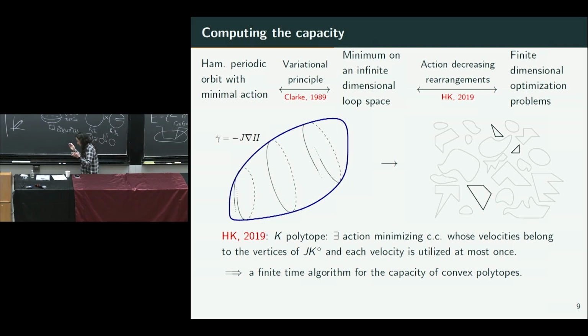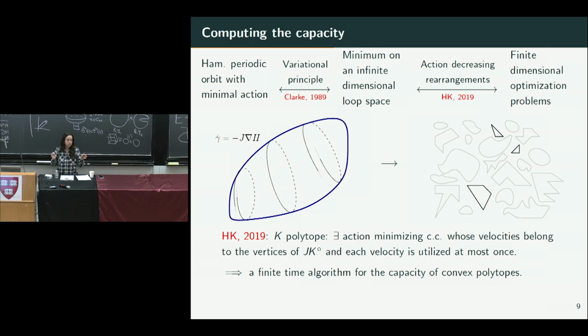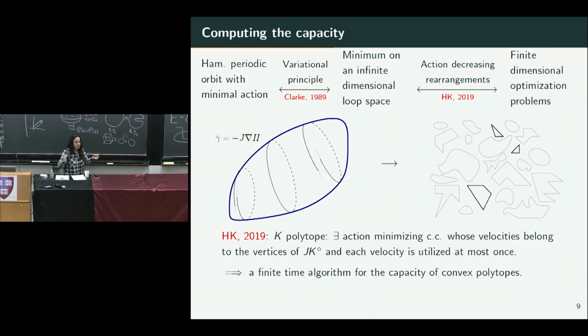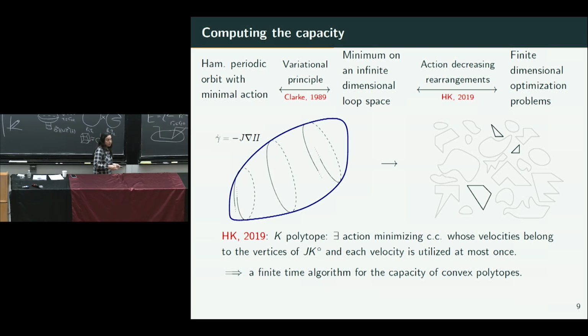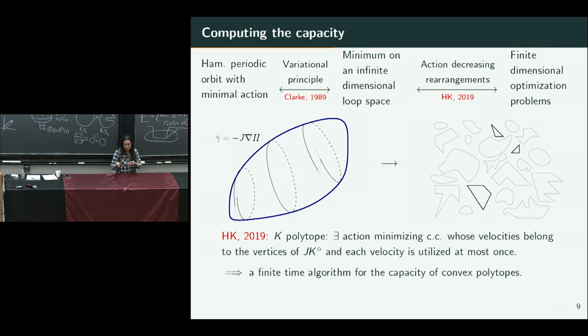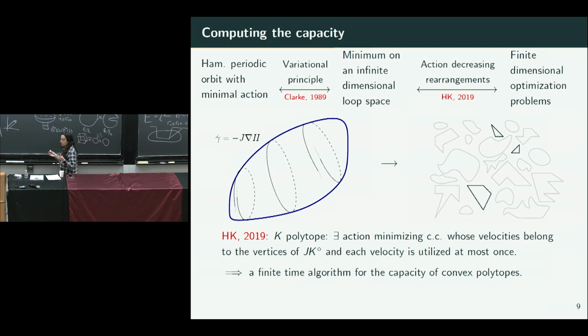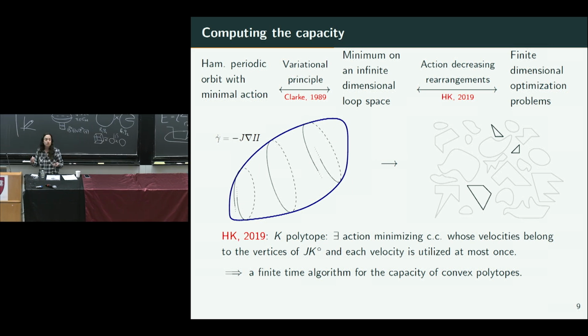And of course, from continuity, this means that we can compute the capacity of every domain. So we can approximate any domain with a polytope and calculate its capacity. But the caveat of this algorithm is that the complexity of the algorithm will grow as the number of faces grows.